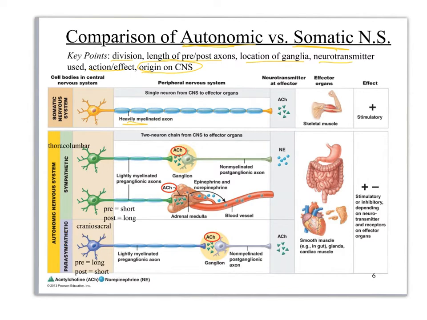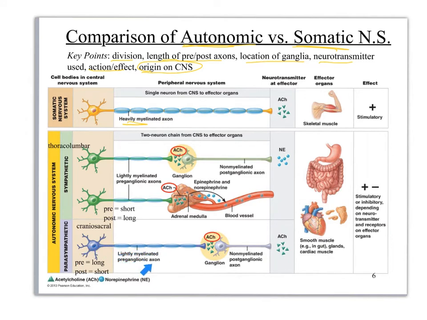Let's do parasympathetic first because it's a little bit simpler. Now, its origin for the cell bodies of the preganglionic axon is craniosacral. So cranial means up in the brain. Sacral means the sacral region of your spinal cord, at the very, very tip of it, okay? Now, its preganglionic axon is long, so pay attention to that. Long preganglionic axon.